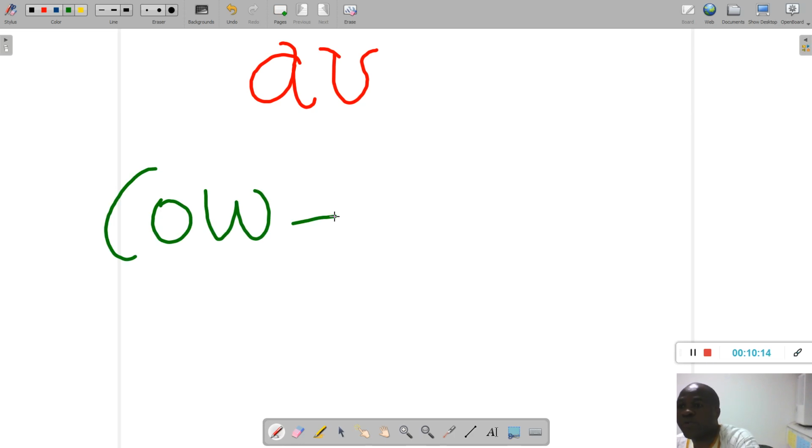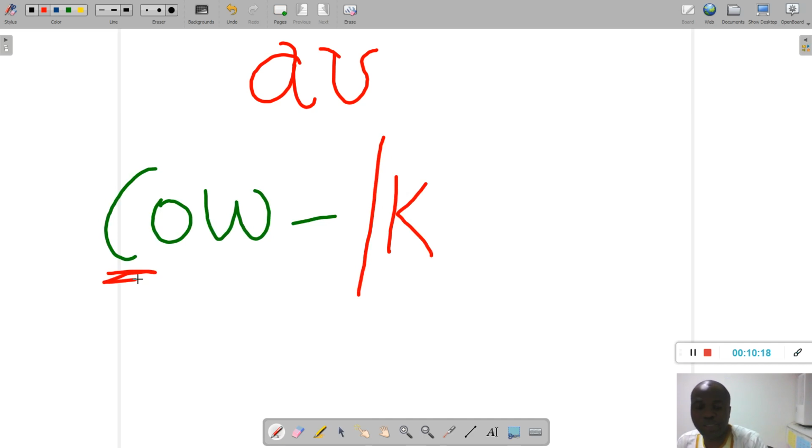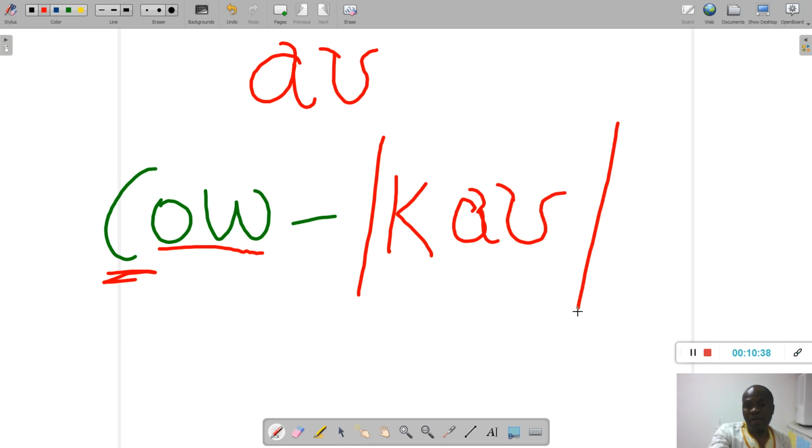And if you write the IPA, it's going to be K. Remember, C always changes to K in phonemes. In grapheme it's C, in phonemes it becomes K. So this OW is going to change to this sound, the ow sound. So I'm going to write this. K, ow, cow.